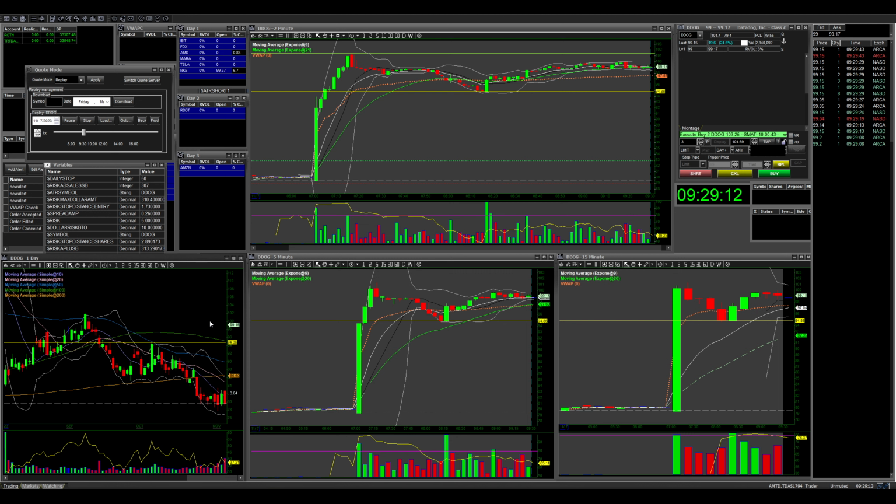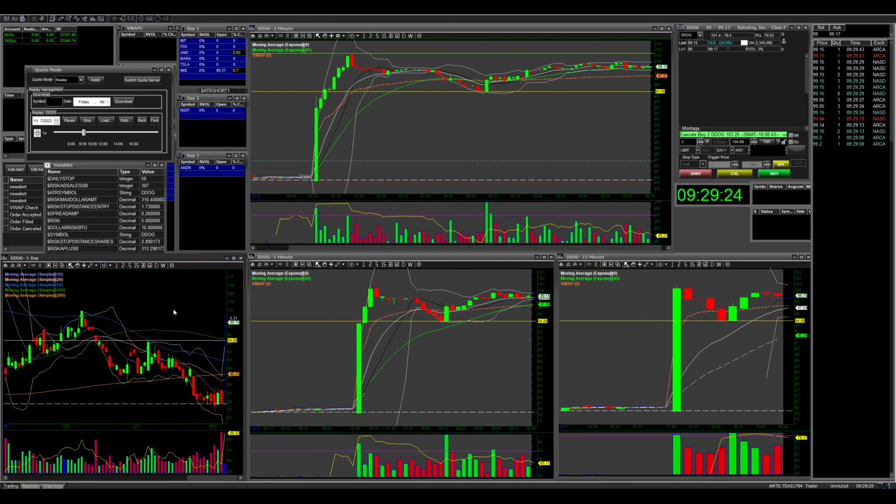If I toggle off the pre-market data, so this is based on yesterday's data, you see that our ATR calculation is 364. But if I toggle back on the pre-market data, since we had a large gap up day, that greatly changes our ATR.